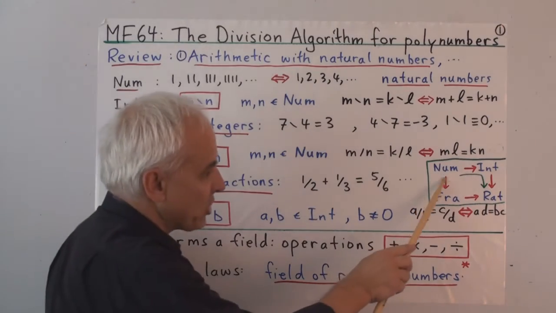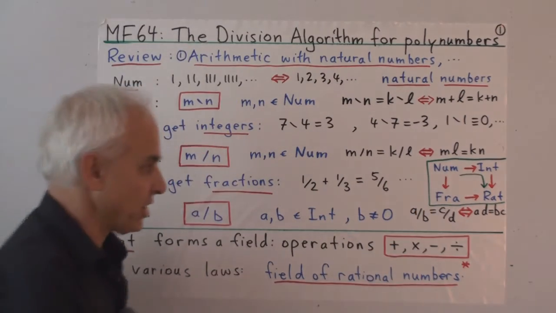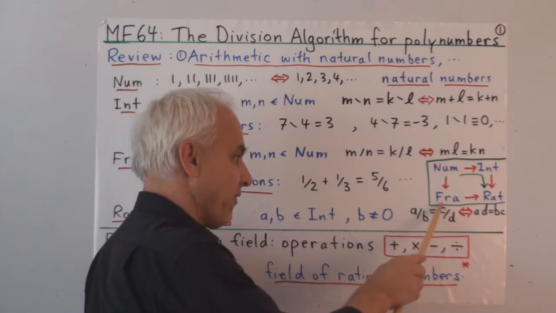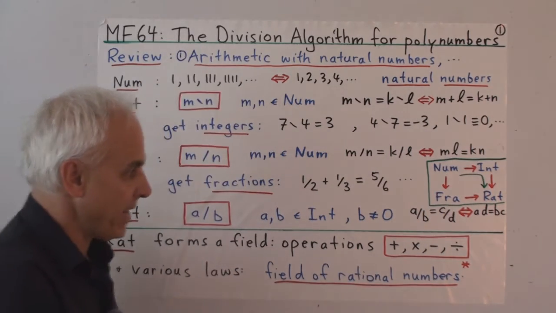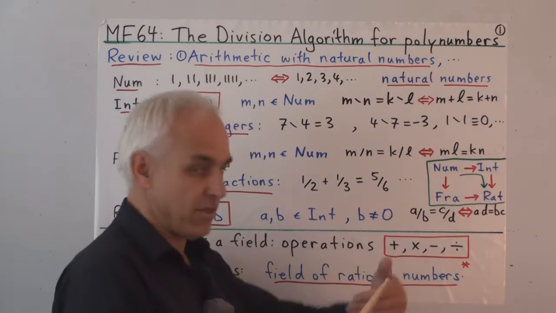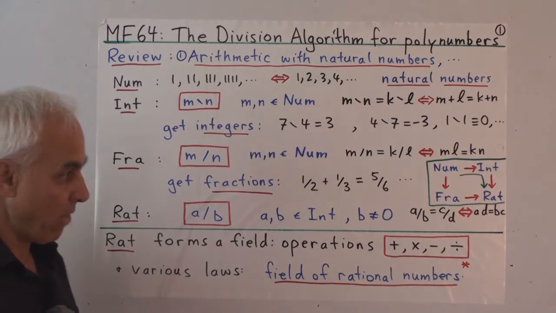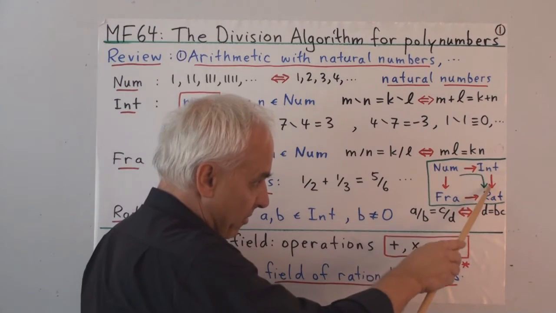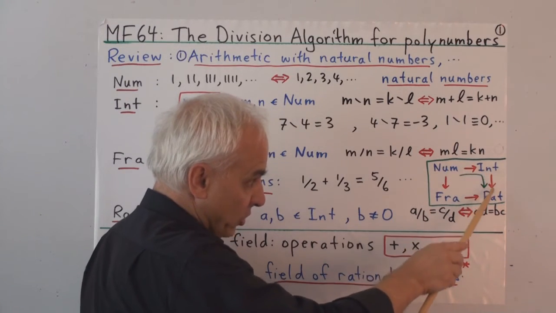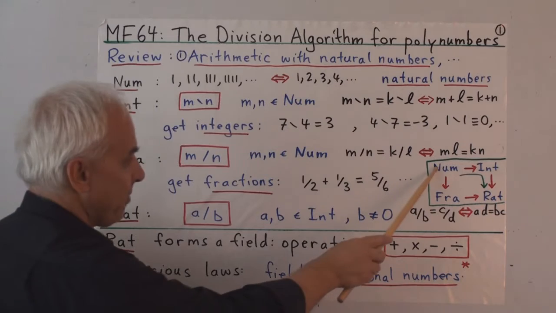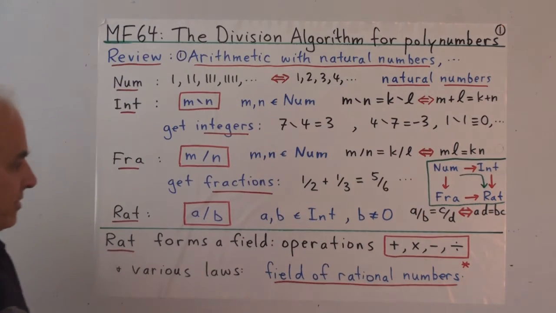Alright, so we've started with the natural numbers as a type of mathematical object. We've created the integers as a new type of mathematical object, and also the fractions. And now the culminating thing is to combine those two ideas to get the rational numbers. We got the rational numbers by going from the integers and doing to integers really the same kind of thing as we did from numbers to get fractions.